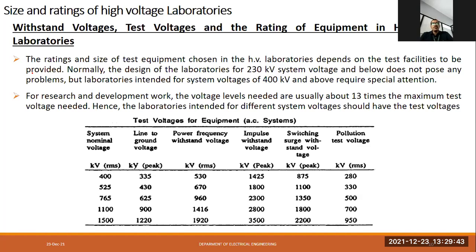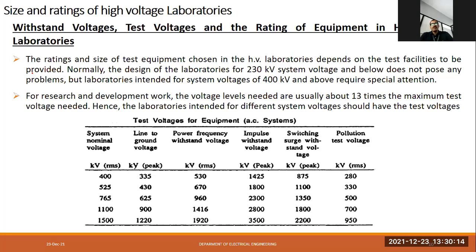First of all, whatever the ratings and size of the test equipment that we choose for the HV laboratory, that mostly depends on what kind of test facilities we are offering or providing. In normal design of the laboratories, we know there is around a 30 kilovolt system, and below that voltage also we cannot have any problems. In laboratories where we have estimated around 400 kV and above as the requirement, we will go for medium size as well as large size laboratories.